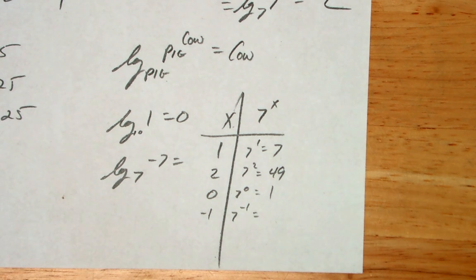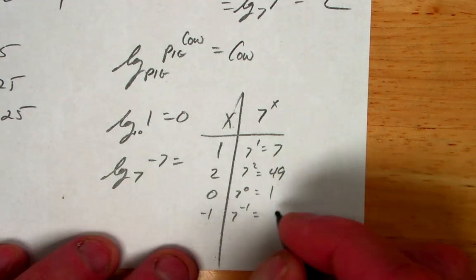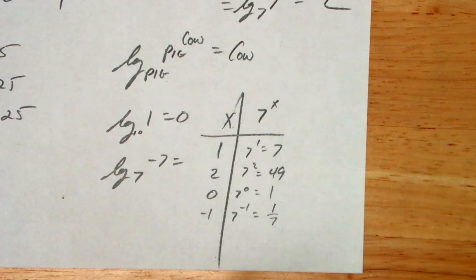Take a deep breath. We've already done problems like this, so just think about this. 7 to the negative 1 is 1/7. That tells me I'm going to divide now instead of multiply. You know negative exponents go on the bottom.